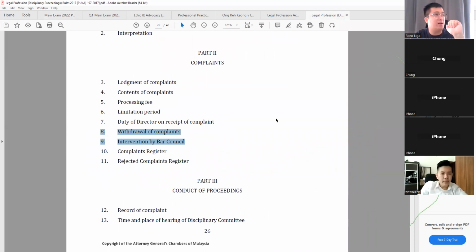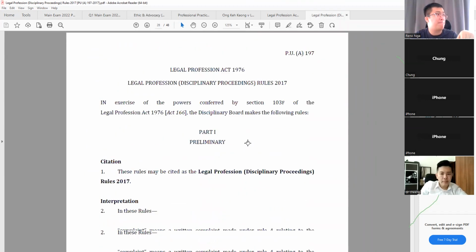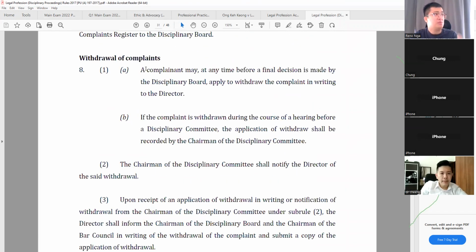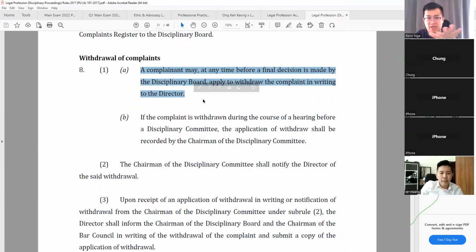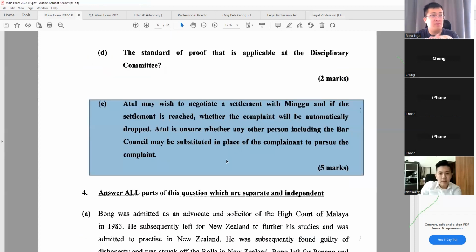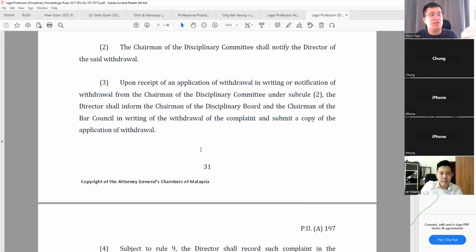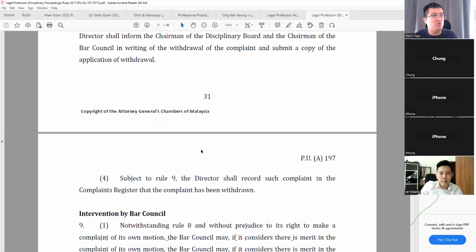So let us go to Rule 8, withdrawal of complaint. So the complainant can anytime before final decision withdraw. This one no issue. Okay, so we answered the first part already. When you come to a settlement, you can withdraw. Rule 8 says so. But the next question is whether bar counsel can substitute or step into the shoes or not.